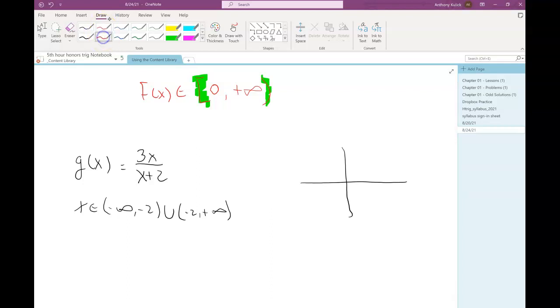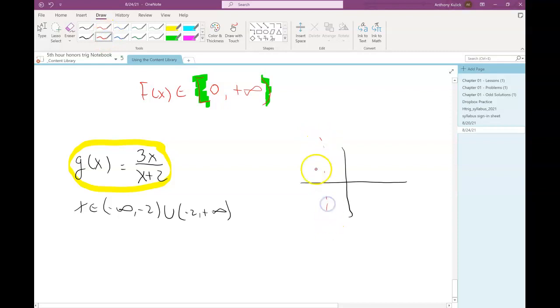If I remember back to my Algebra 2 class, this is in the form of a simple rational function, because you have a degree 1 polynomial over a degree 1 polynomial. All simple rational functions have a vertical asymptote and a horizontal asymptote.